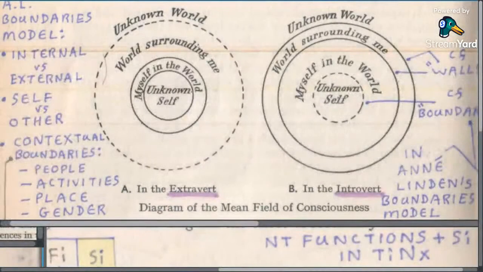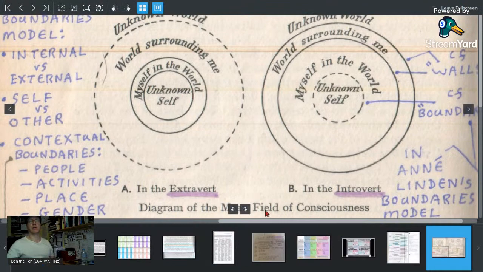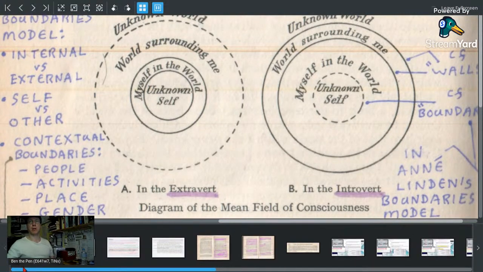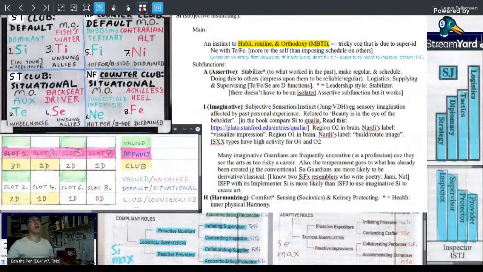So ISTJ, as one of these IS types, the focus of their function is empirical, but Si is very much the subjective reaction to that objective data.